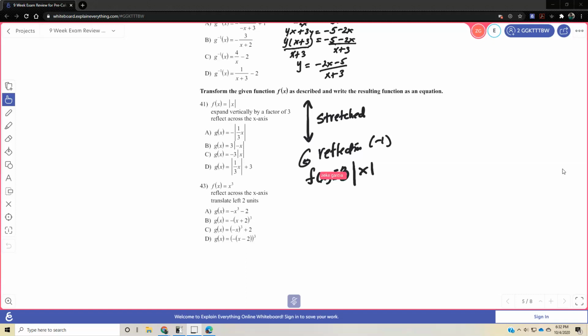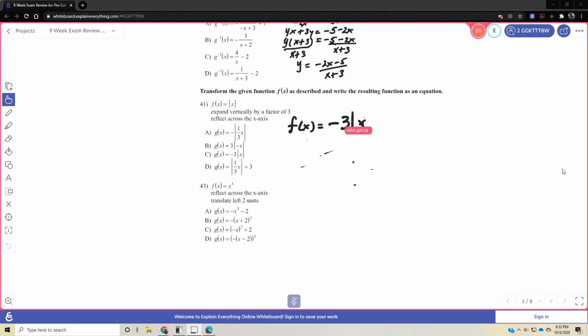So let me go ahead and rewrite it again. So we have f of x equals, negative means reflection, vertical stretch is 3, absolute value of x. So what I'm going to do is I'm going to go ahead and show you the solution on Desmos.